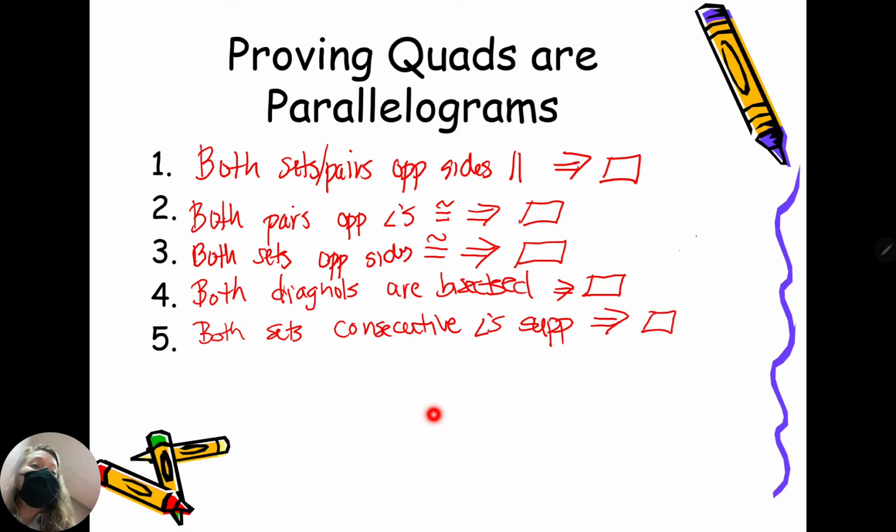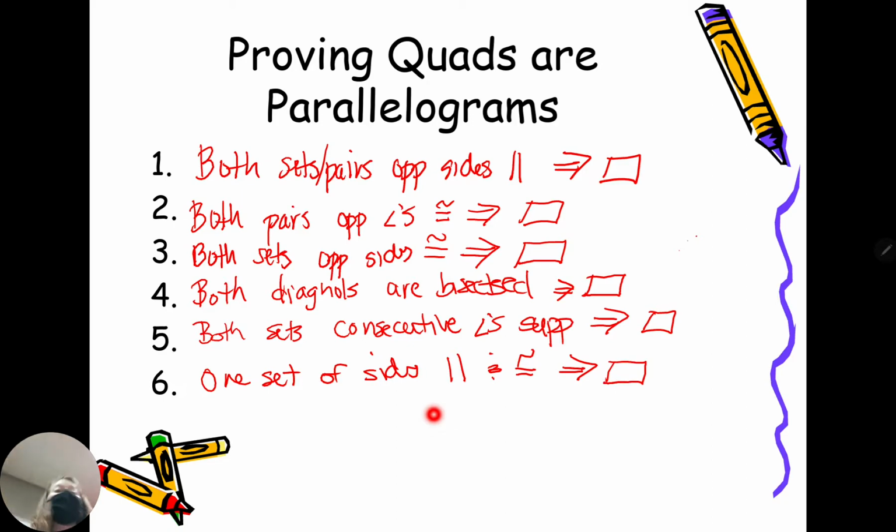And then lastly, we have a special case where if one set of sides is both parallel and congruent, we have a parallelogram. Essentially, all 5 of the properties that we know about parallelograms, if those are true, we have a parallelogram. And then this one is our new one.